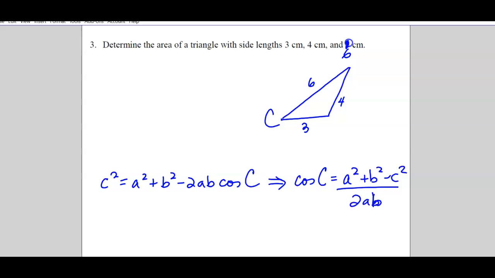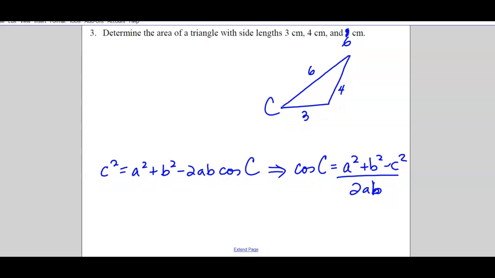Okay, which is, you're trying to find that angle. It's the other 2 sides, the sides that contain it, squared and added together, and then minus the side opposite squared. And then only A's and B's there. So the sides that contain C are 3 and 6. 4 is opposite.